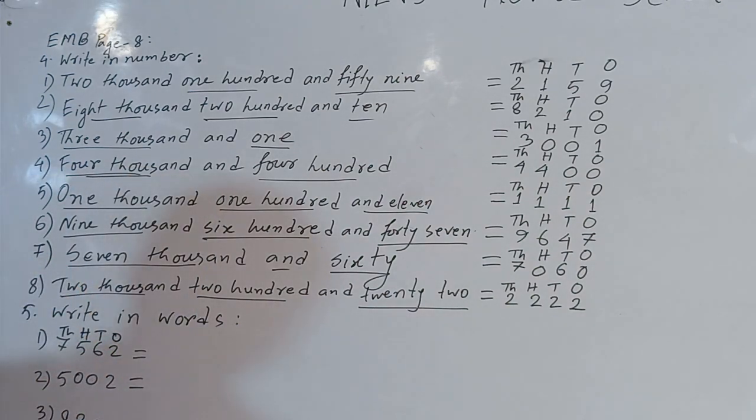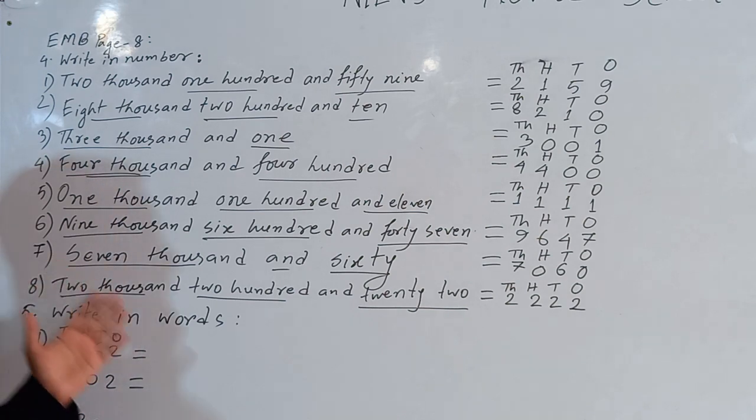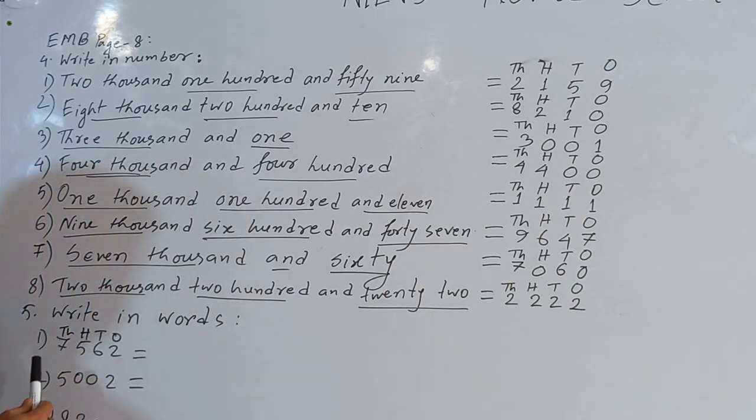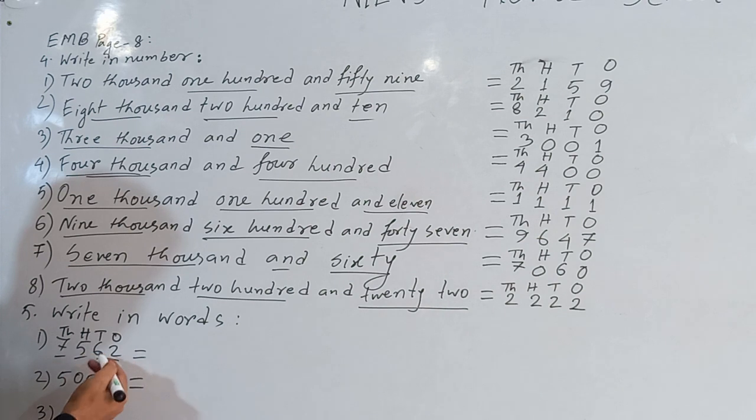What is the first number? We have to start from the largest position. This is thousands position, so we have to read that first. 7,562. When we read this, we have to read the tens position and ones position together. So this is 62. It means we can read this as 7,562.